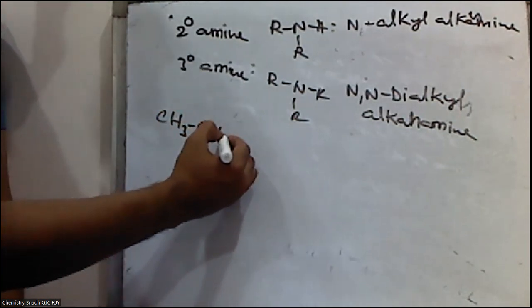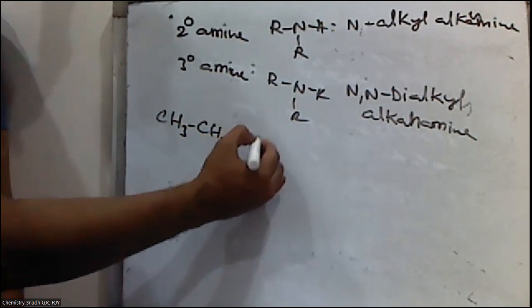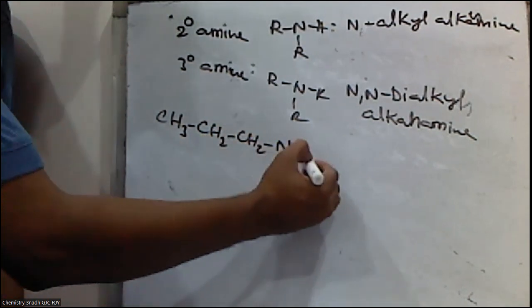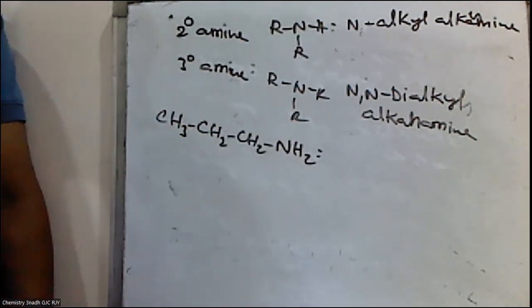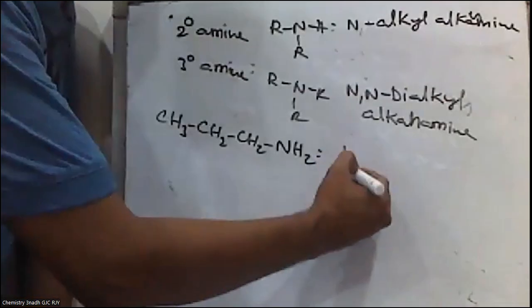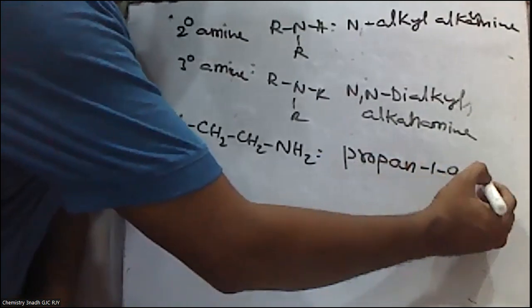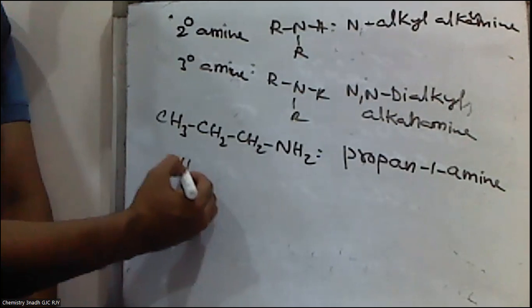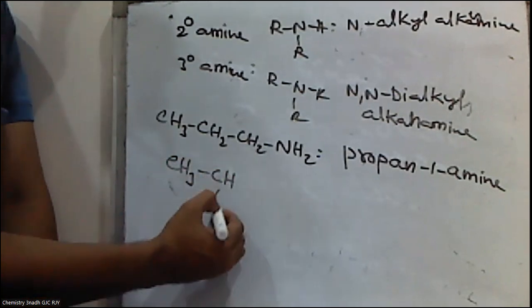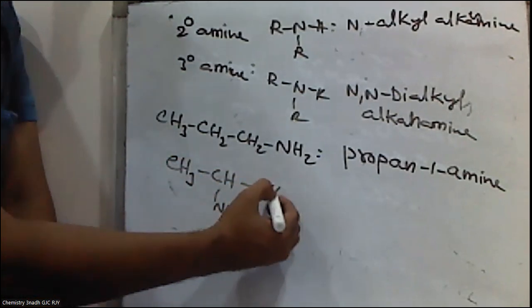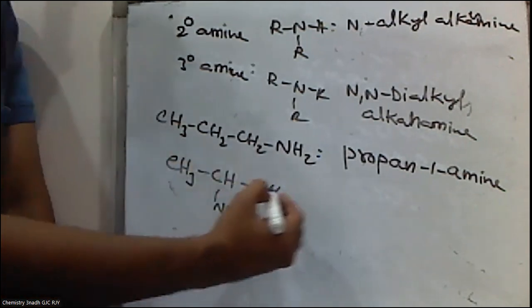For example, if you take CH3CH2CH2NH2, this is a primary amine. What is its name? Propane-1-amine. If you take CH3CHNH2CH3, what is its name?